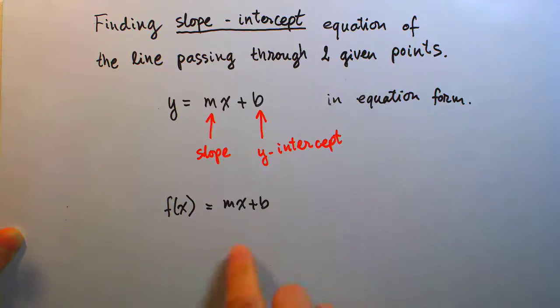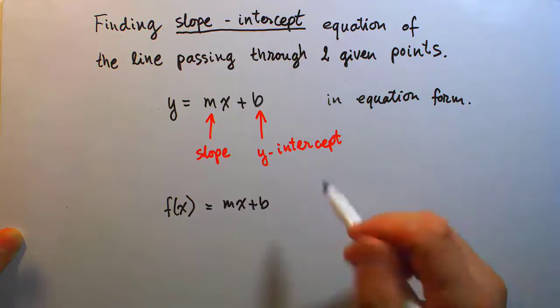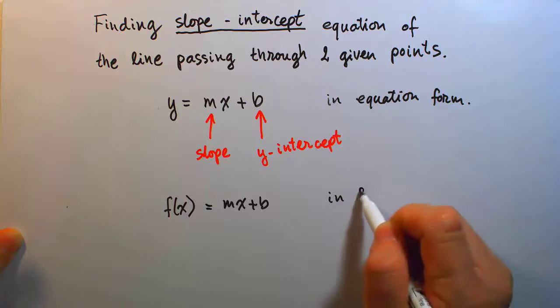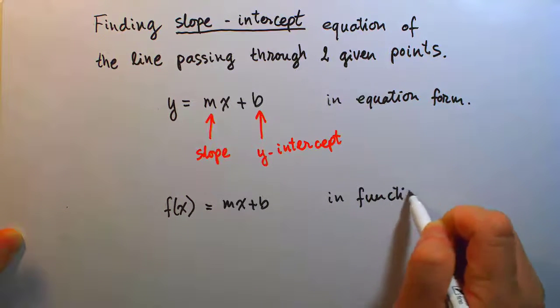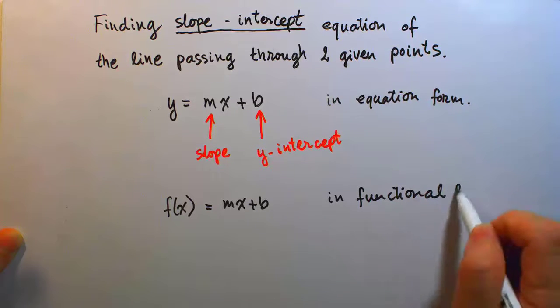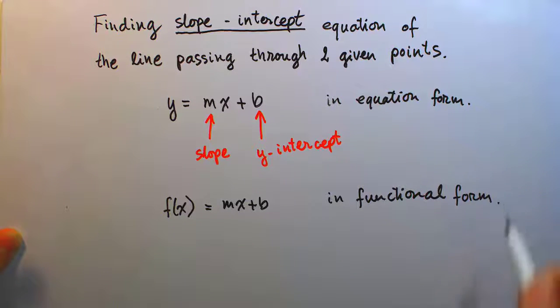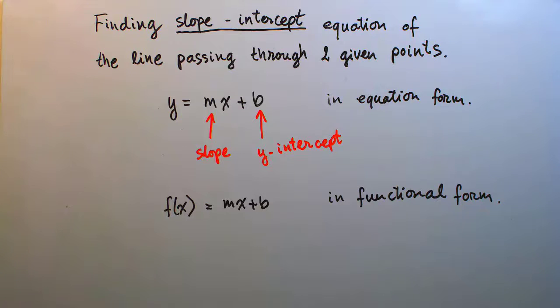So these are the exact same equation. It's just that the left-hand side of this second equation is replaced by the functional symbol f of x, so here we are in functional form. And now, after some brief review, let's go ahead and get into learning how to do that.